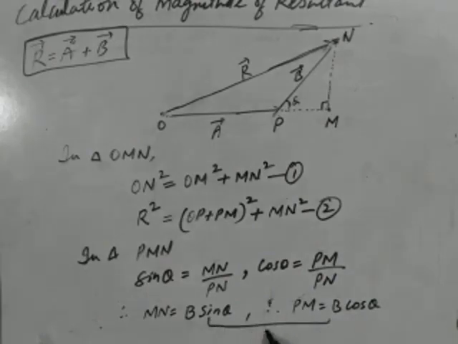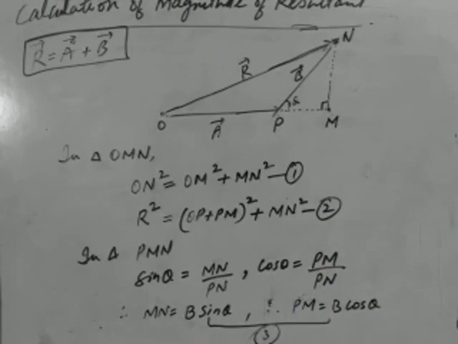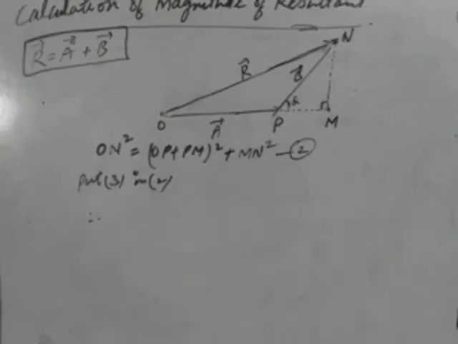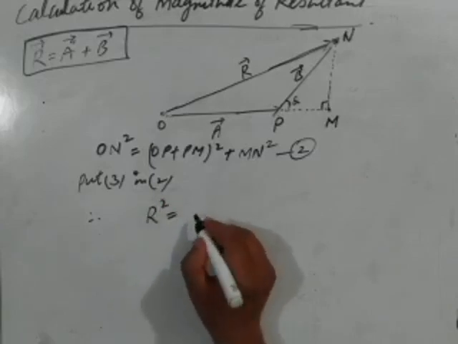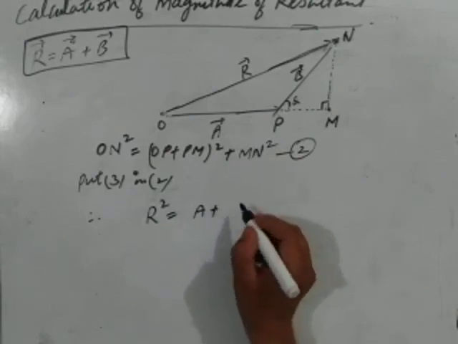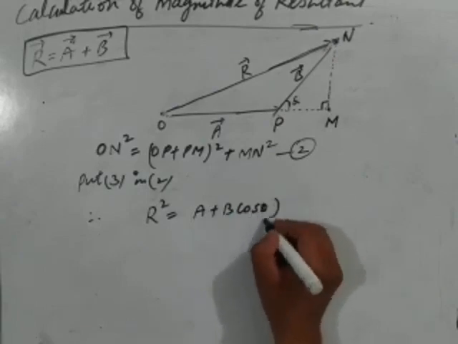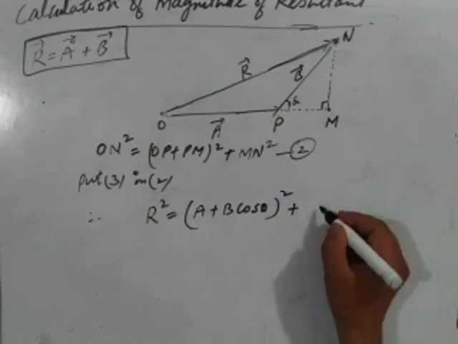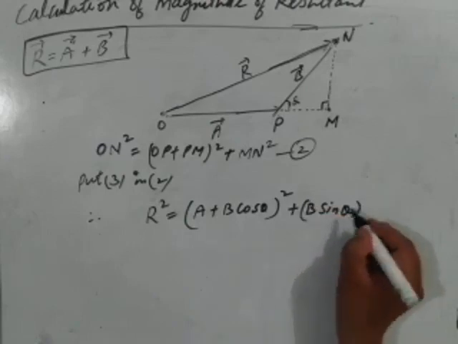In the combined form, put this equation number 3 in equation number 2. So ON is equivalent to R. So R square is equal to OP equal to A plus PM, PM is equivalent to B cos theta, whole square plus MN is equivalent to B sin theta, whole square.